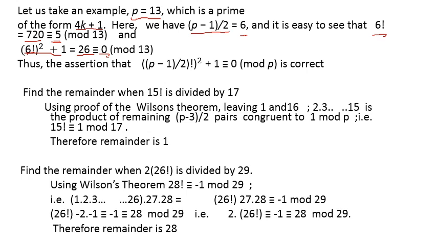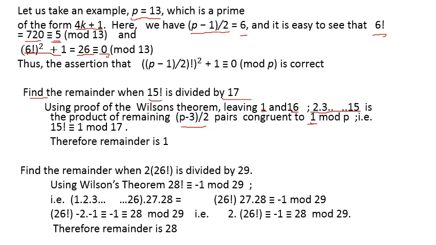Now see this problem. Find the remainder when 15 factorial is divided by 17. 17 is a prime number. Observe. Using the previous Wilson's theorem, you leave 1 and 16, and take the product of the remaining p minus 3 by 2 pairs.